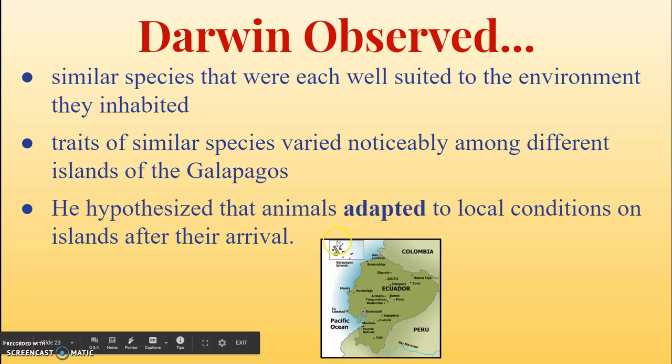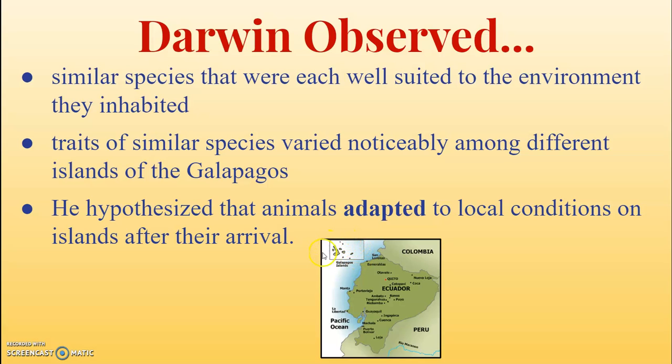But he doesn't believe that many different bird species just came over from Africa. He believes that one species came over, and then over time, the mutations and changes in that species ended up showing different adaptations on different islands based on their being well suited.